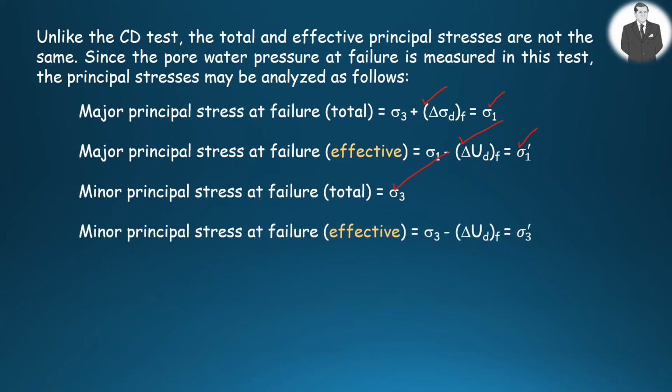The effective minor principal stress at failure is equal to sigma sub 3 prime, which is equal to this expression given here. In these definitions, delta U sub dF is the pore water pressure at failure.